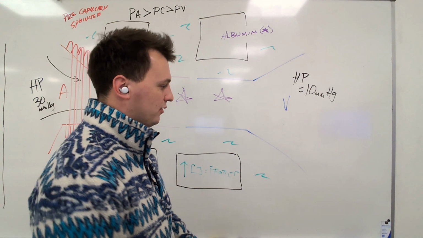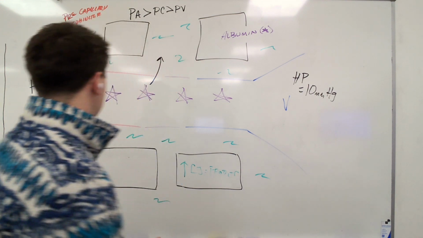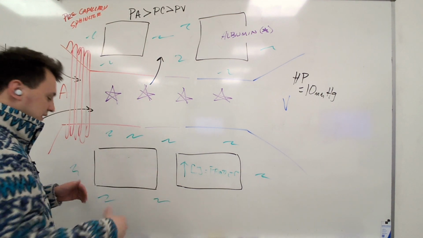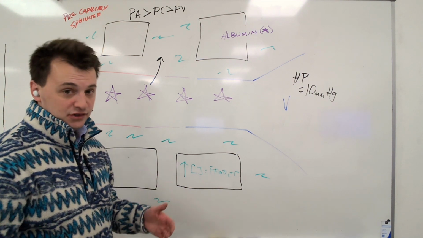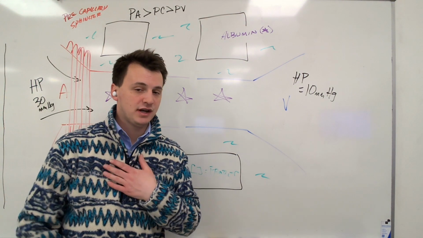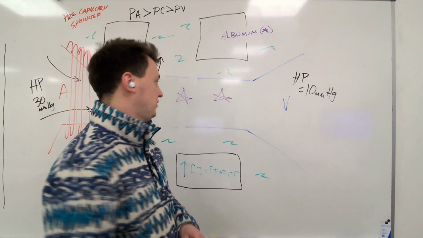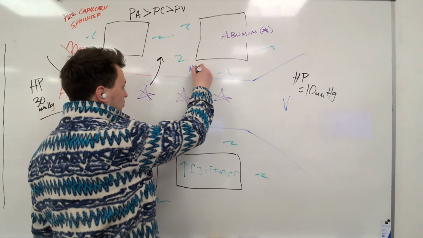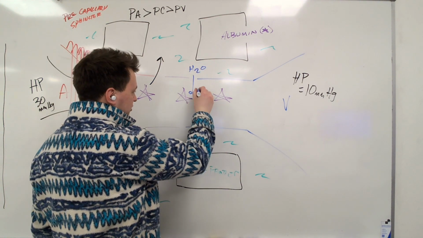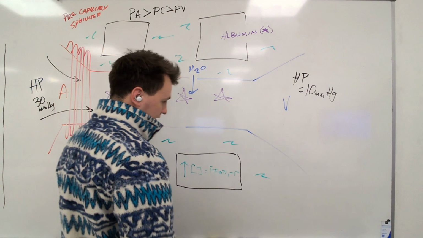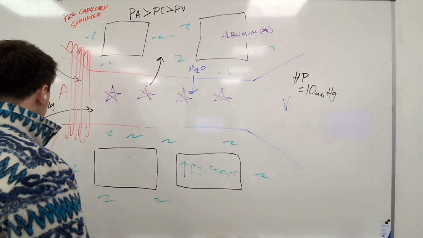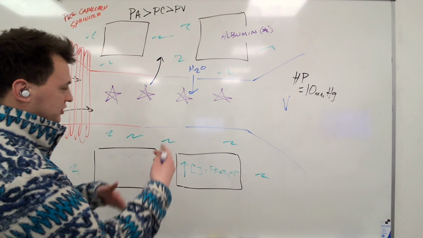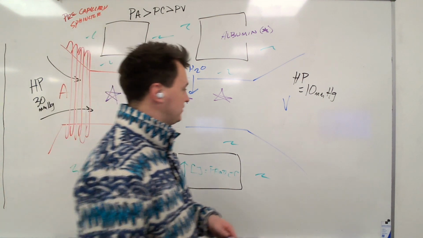And we're going to talk about water right now. Because of this albumin, this albumin actually creates an osmotic concentration gradient. Remember in the first video that I taught, we talked about concentration gradients. And so it actually draws water from the interstitial space into the capillary. And so we kind of have this change in concentration gradients.